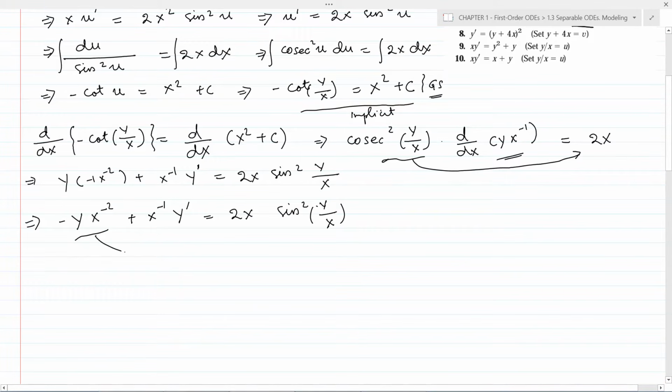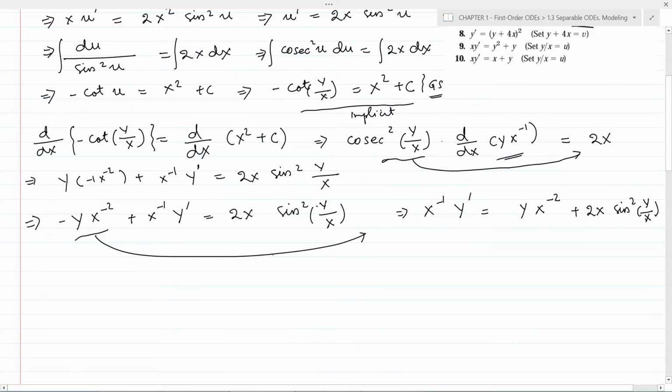Now we take this term to the right hand side and we can write x to the power minus 1 y dash is equal to y x to the power minus 2 plus 2x sine square y by x.